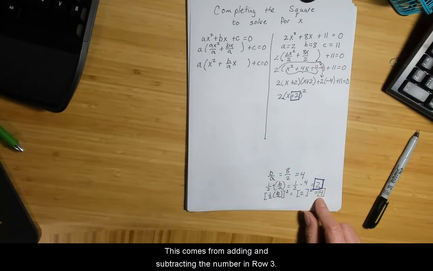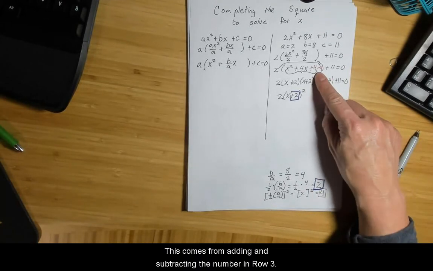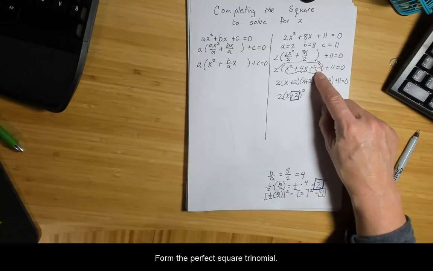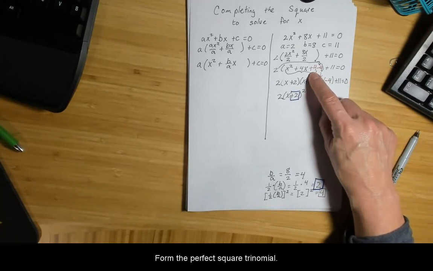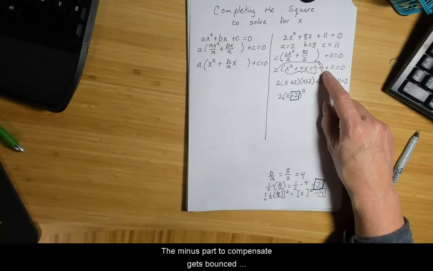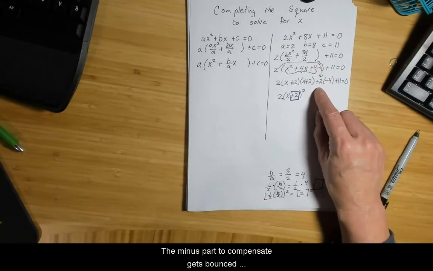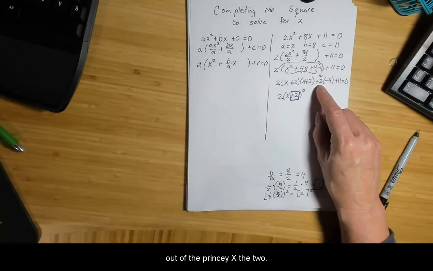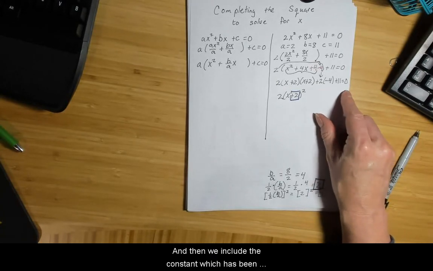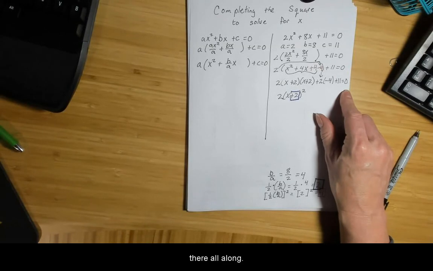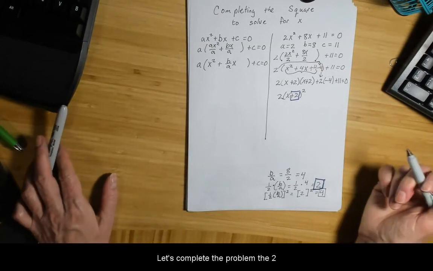This comes from adding and subtracting the number in row 3 to form the perfect square trinomial. The minus part, to compensate, gets bounced out of the parentheses, multiplied by the 2, and then we include the constant, which has been there all along. Let's complete the problem.